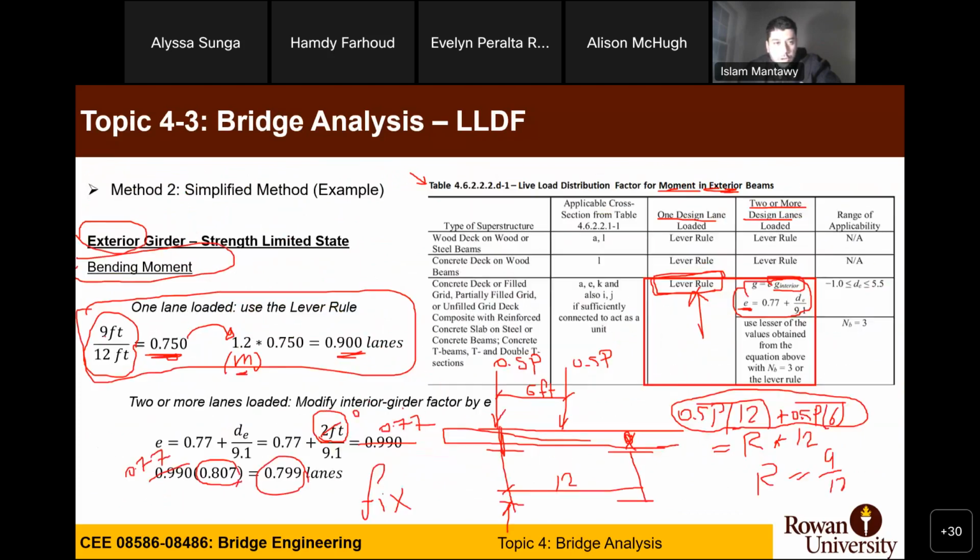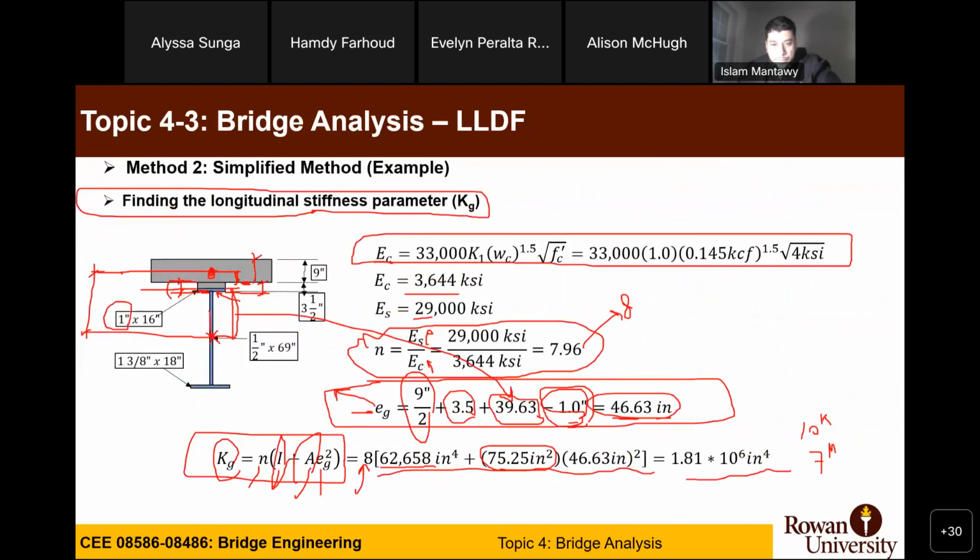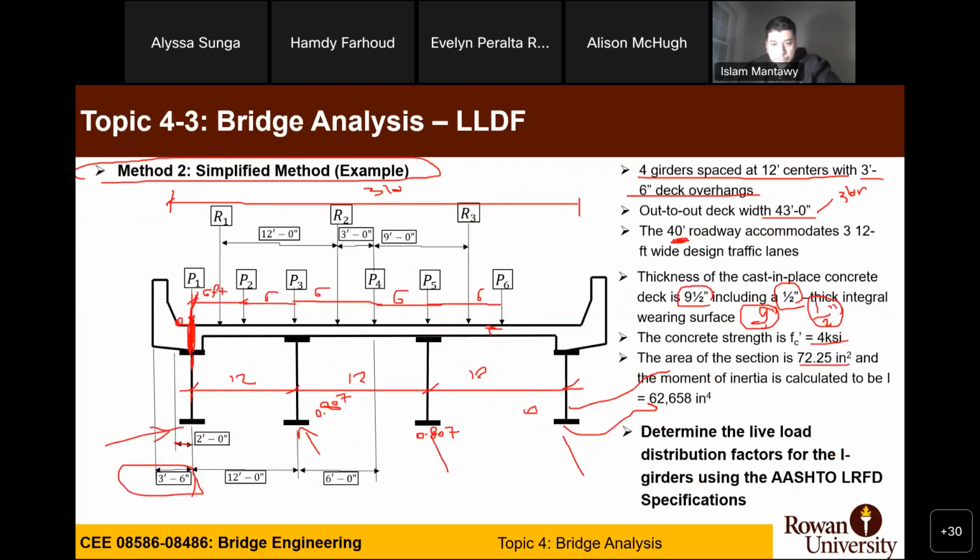And for exterior, it became 0.9, right? This is for moment, a summary of our calculation. The interior girder got 0.807, exterior got 0.9, right? Of your truck or lane load.